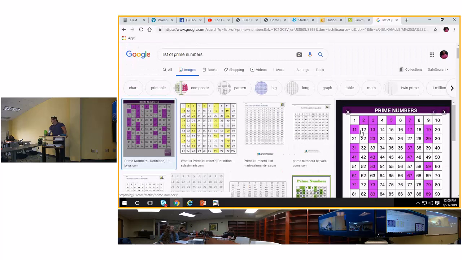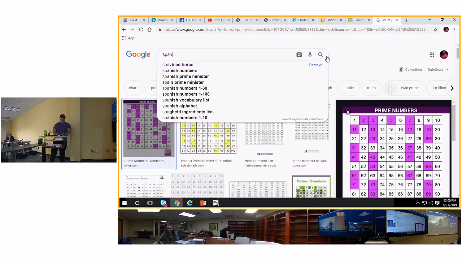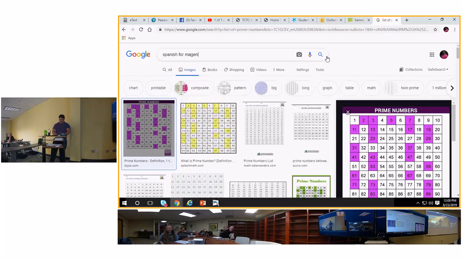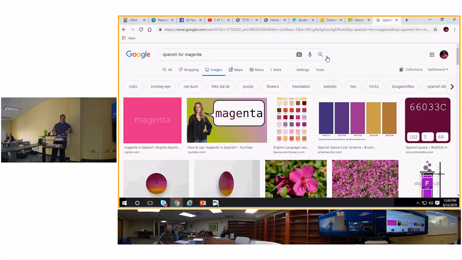Let's look that up. So you can look up anything. Spanish for magenta. This is the kind of stuff I do when I'm watching TV or when I run into something I don't know. It's just magenta.